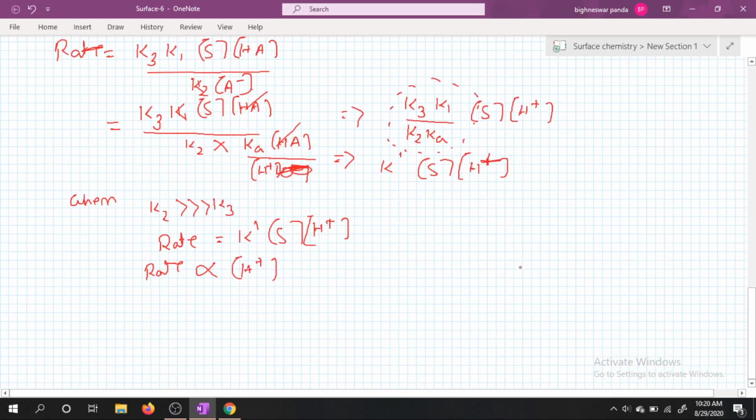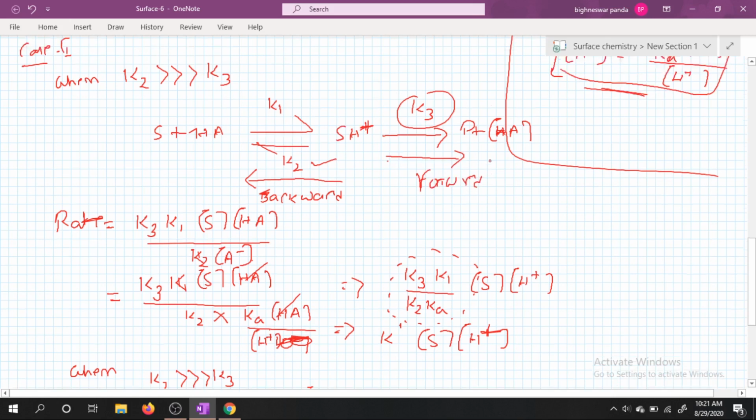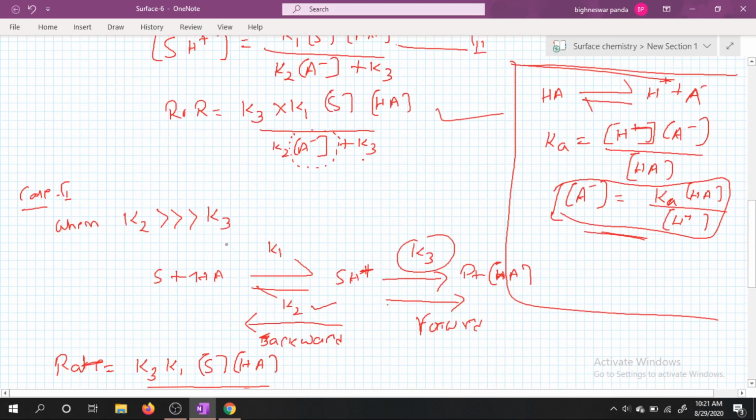Then another case is there, case 2, if K3 is very much greater than K2. If K3 is very much greater than K2, then the reaction will move forward, and here K2 A minus can be neglected.